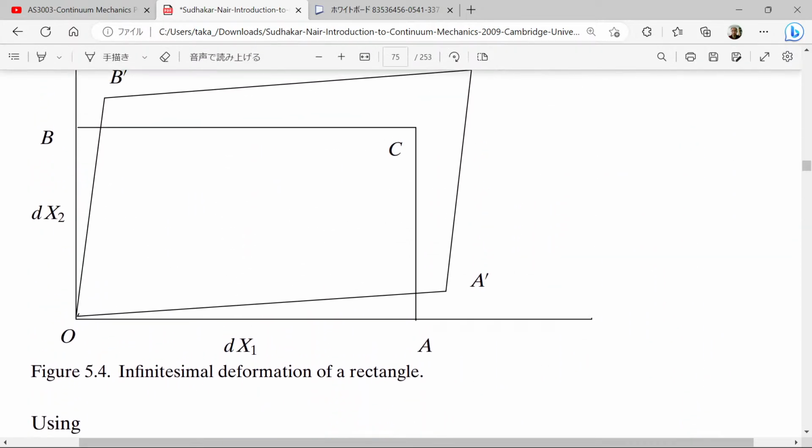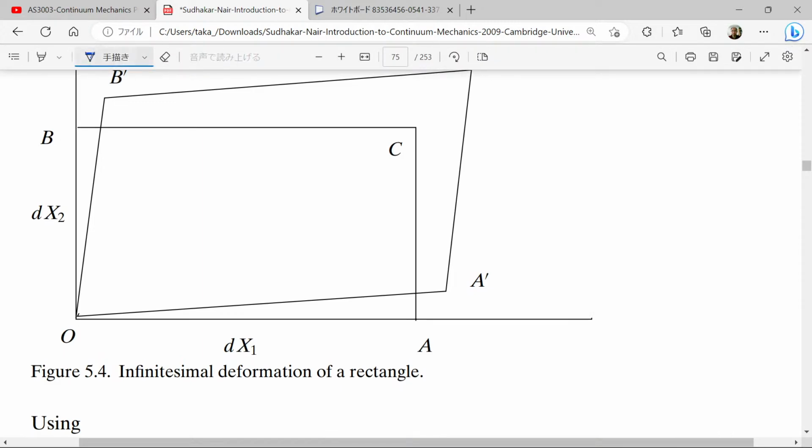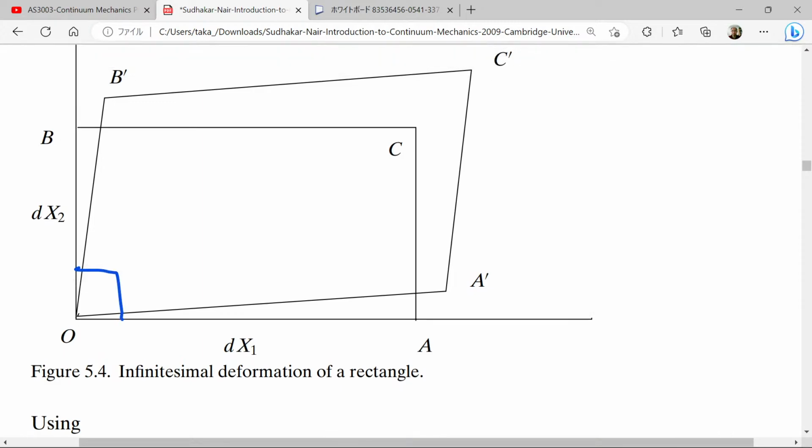Originally, this is 90 degrees. Then you have here, this is theta 1, 2, and this is theta 2, 1.